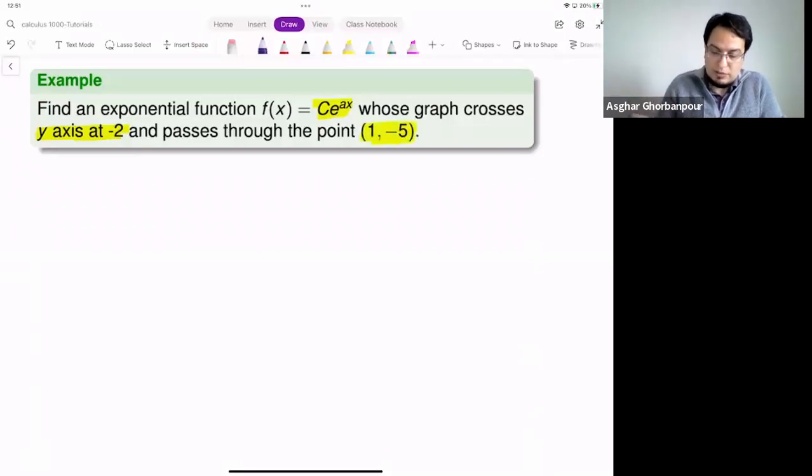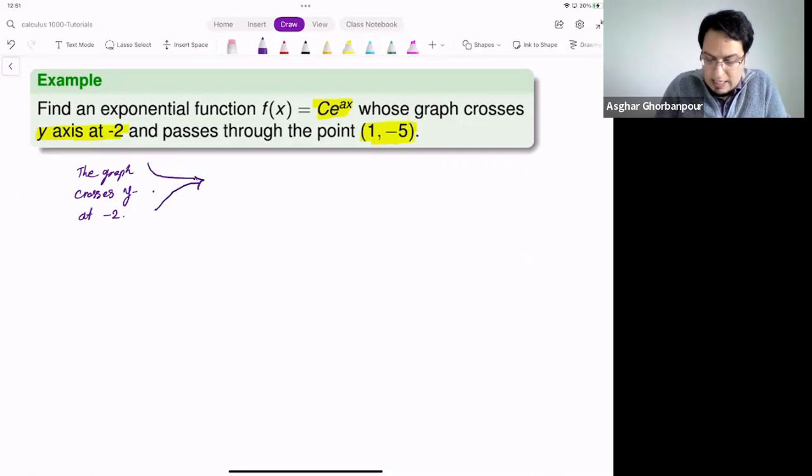So let me just write down the information. The graph crosses the y-axis at -2. What does this mean? It means that for points on the y-axis, the first coordinate is 0.